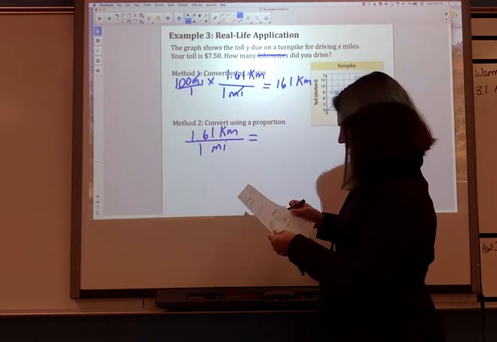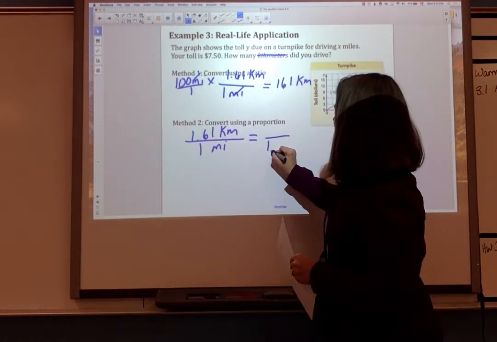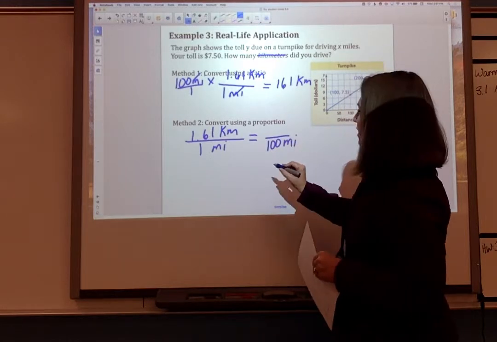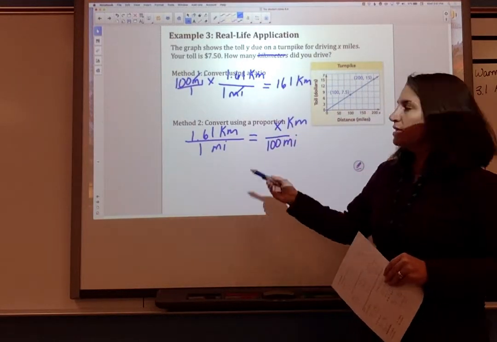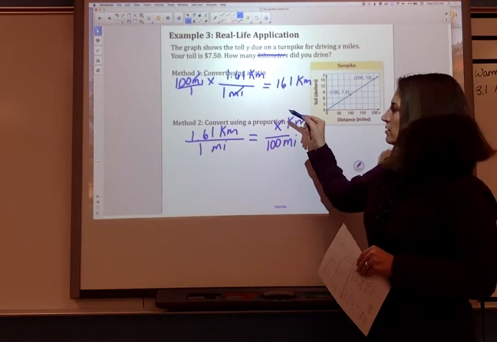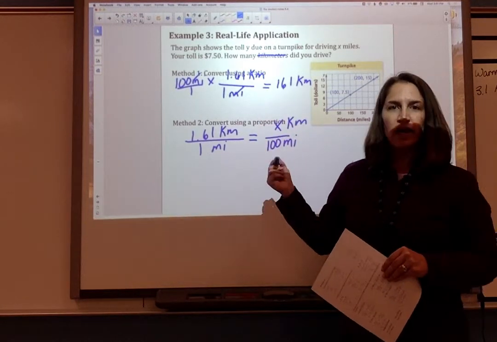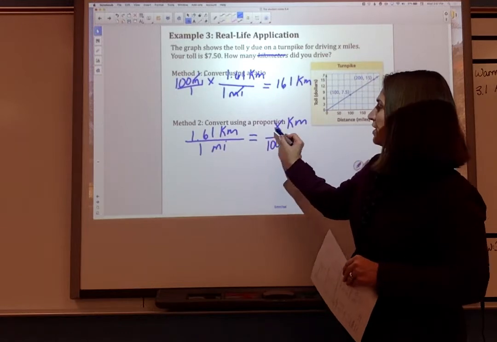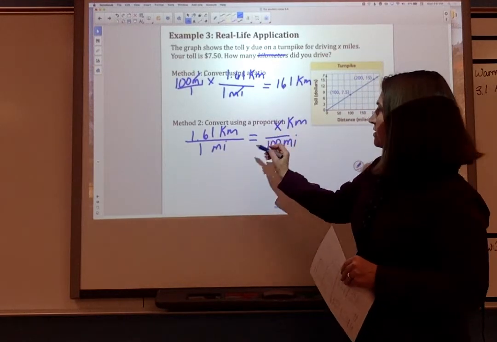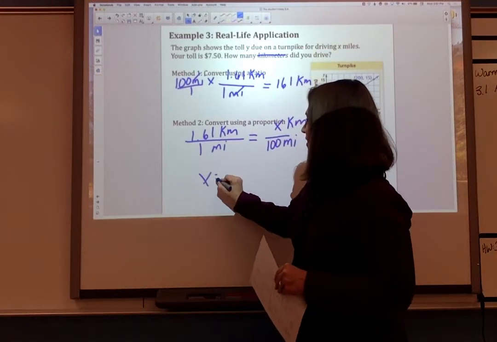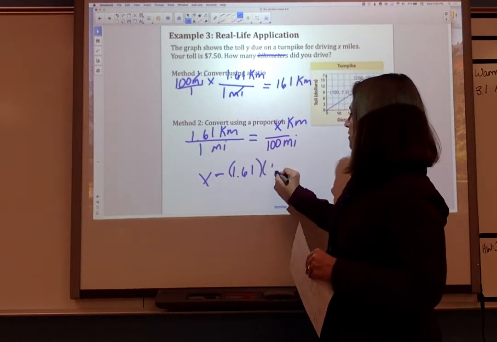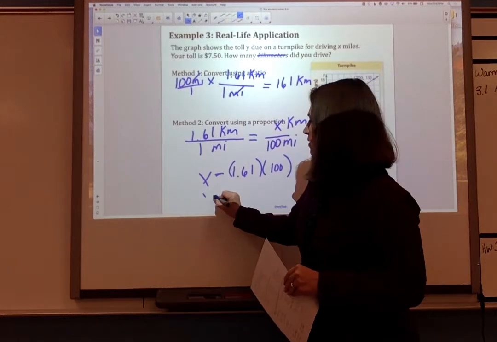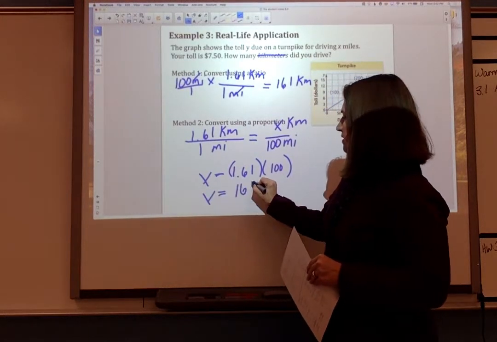So we're going to set this up as 100 miles and then x kilometers. So we have kilometers to miles, and we can solve for x. We can do that using cross products. So 1 times x is x, and that equals 1.61 times 100. So x is 161 kilometers.